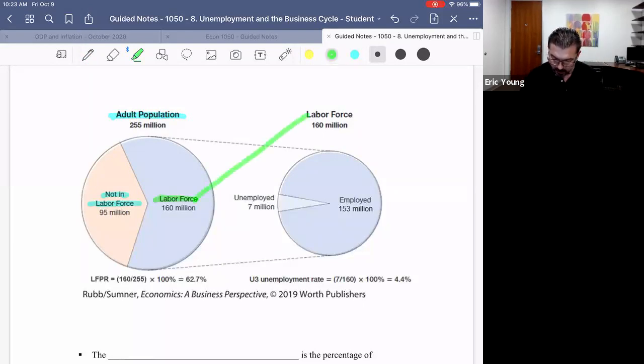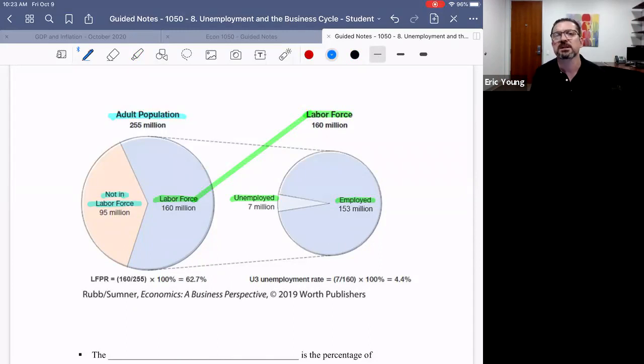And then this group that's in the labor force, in turn, would consist of the unemployed and the employed. So think of it as a big group that is then subset into smaller groups. And if you think about it that way, it'll make some sense.